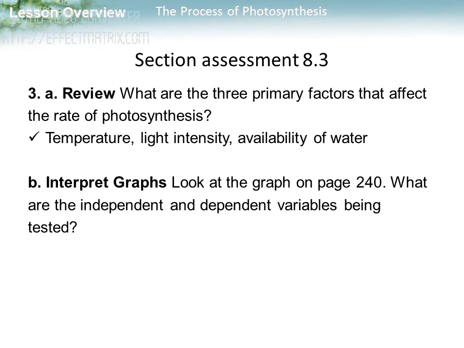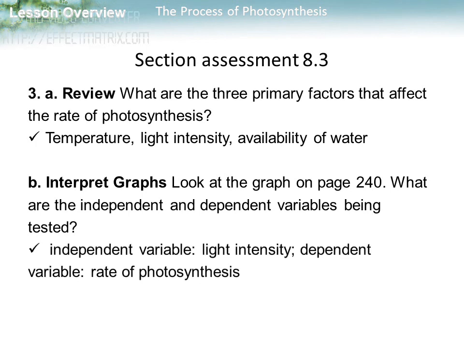Now let's see 3b. Interpret graphs. Look at the graph on page 240. What are the independent and dependent variables being tested? The independent variable is light intensity; the dependent variable is the rate of photosynthesis.